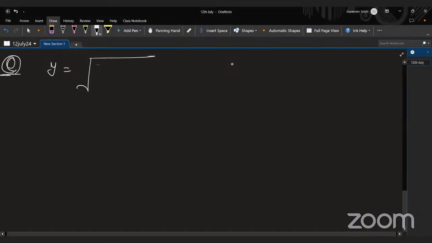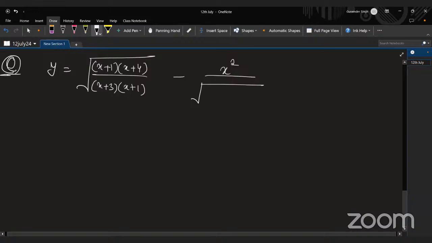So my function y is equal to square root of x plus 1, x plus 4 multiplied by x plus 3, x plus 1, minus x square by under root x square minus 3x plus 2.